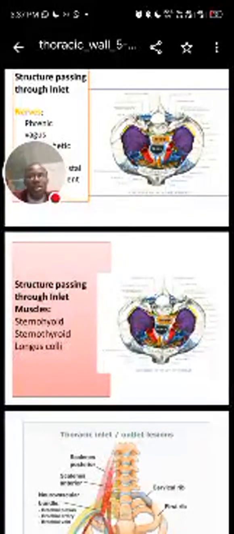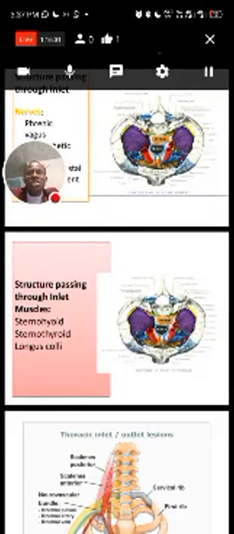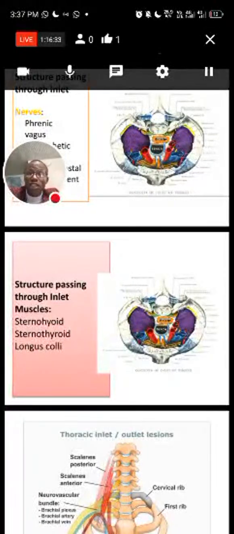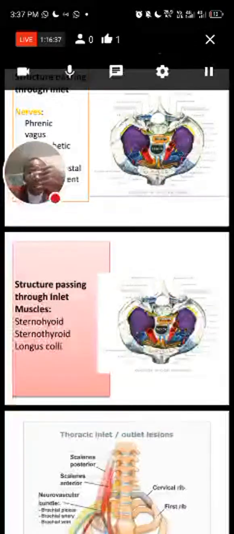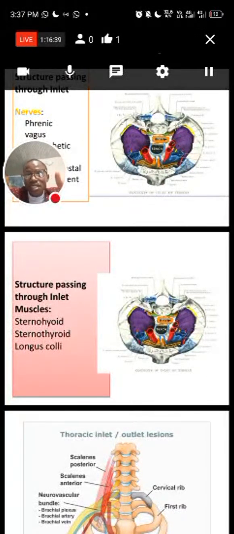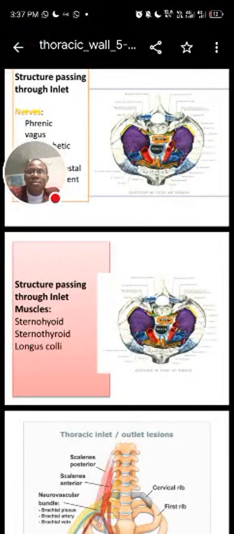So we've used some minutes looking at what? The joints of the thorax, we said C6 SMS.